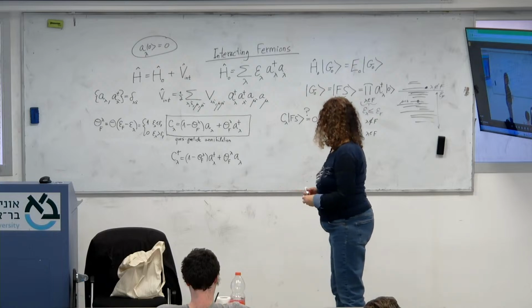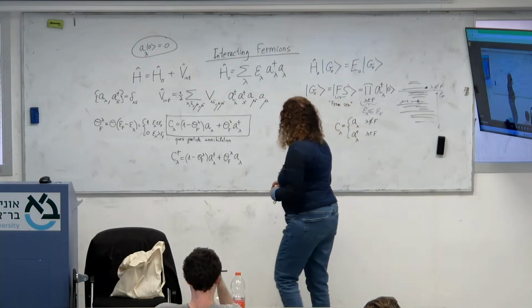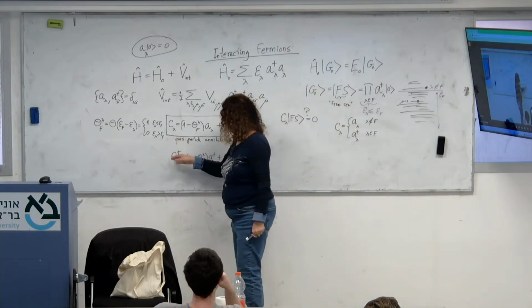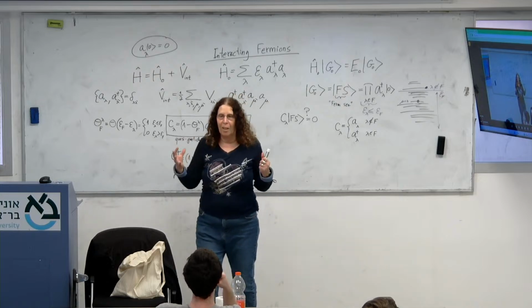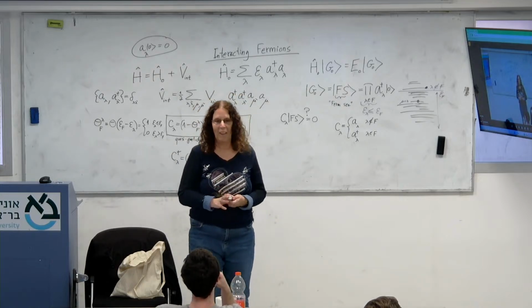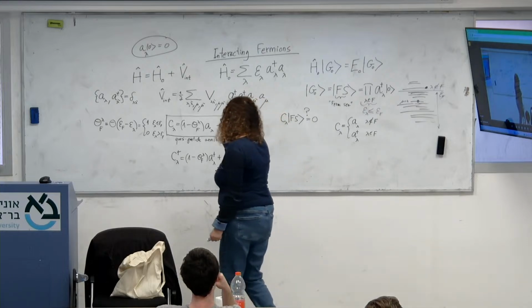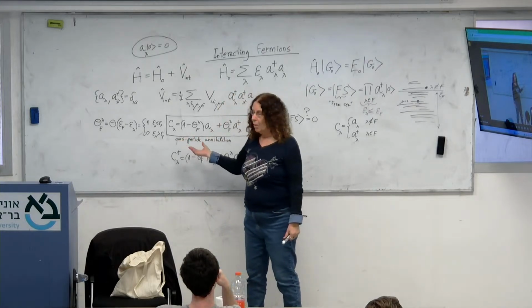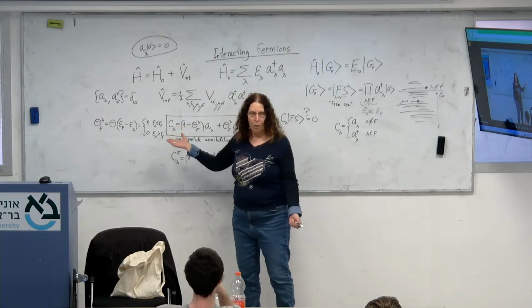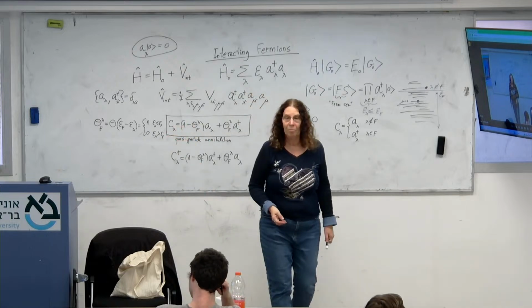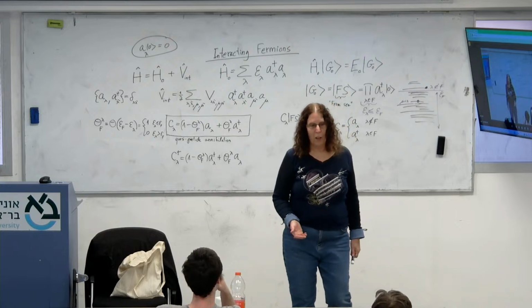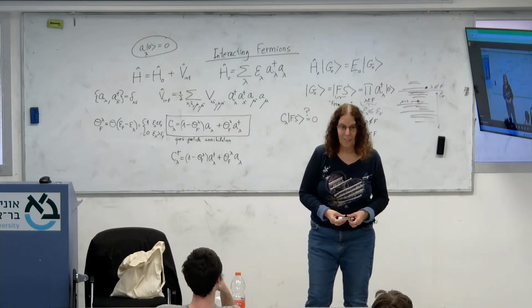All right, so now what kind of particle is this quasi-particle? What is its nature? If the original particles were fermions, the new ones are also fermions. How do we know that? We simply have to check their anti-commutators.